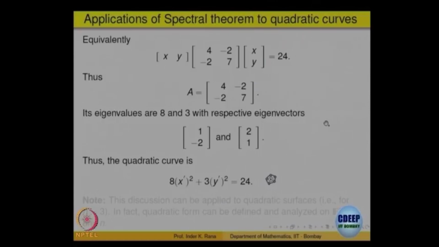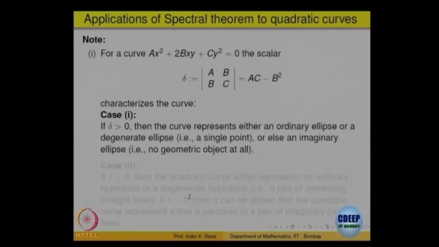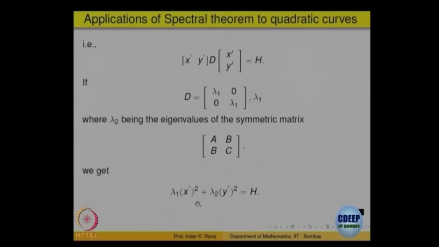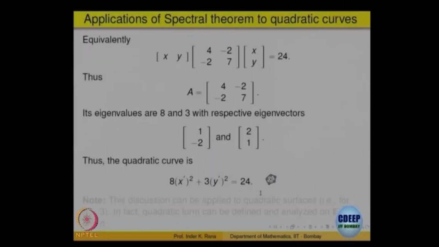Is it okay? I have just written it directly. This is the transformed form, lambda 1 the first eigenvalue, lambda 2 the second eigenvalue, equal to h. So, once you write it, your equation comes out to be, h was 24. So, this is your new form.